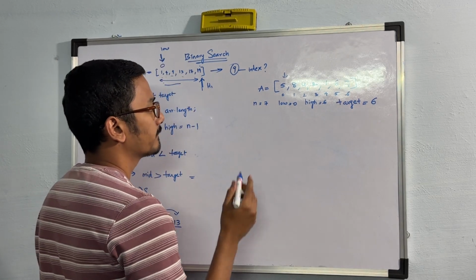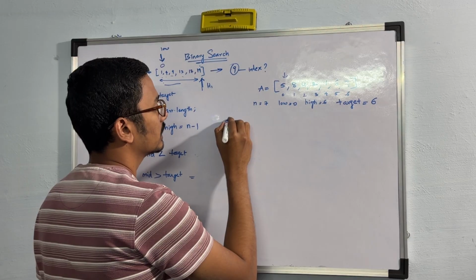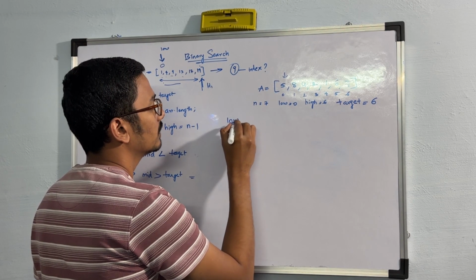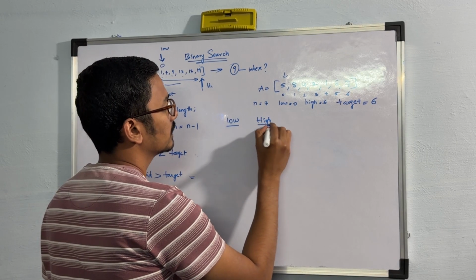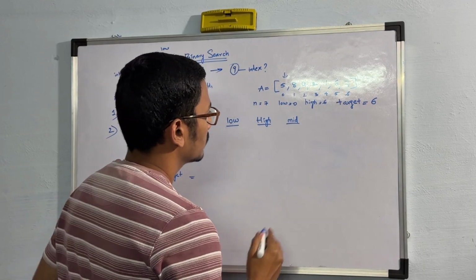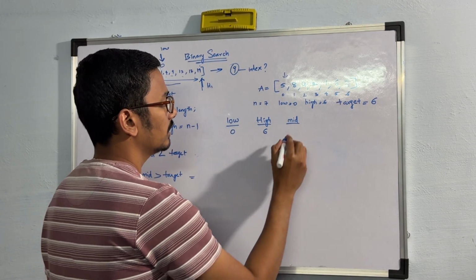I'll write low, high and mid. First low will be 0 and high will be 6, mid will be 3.